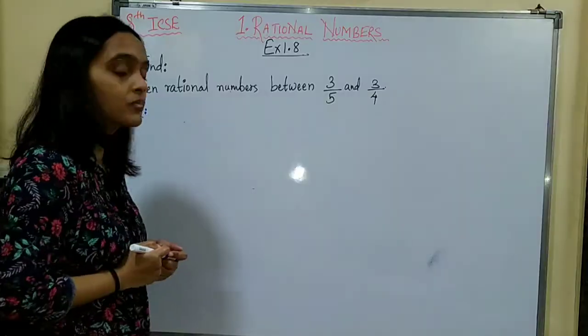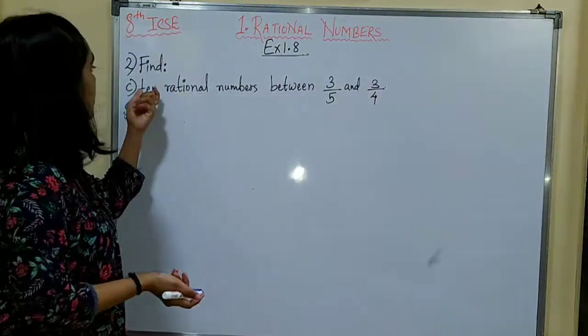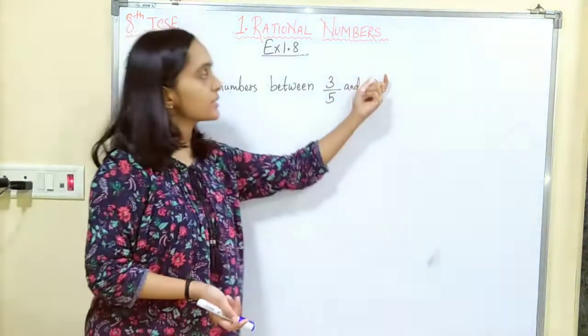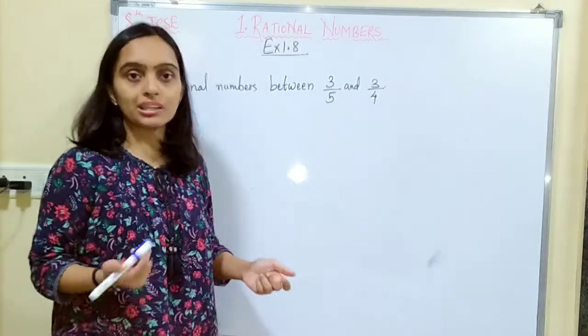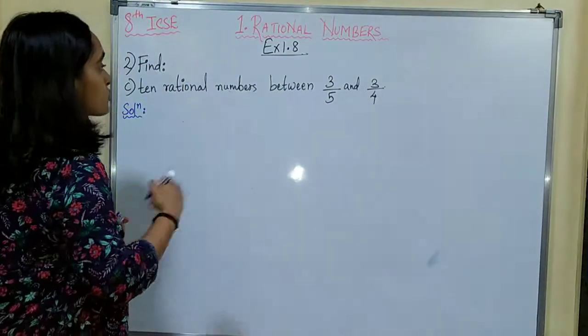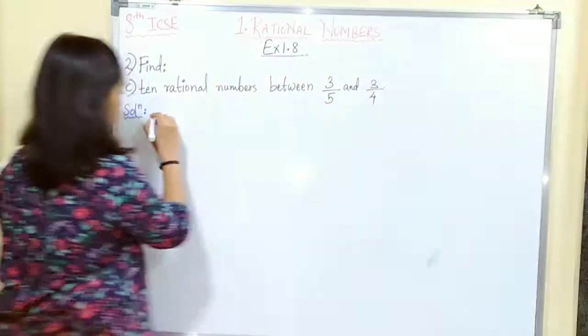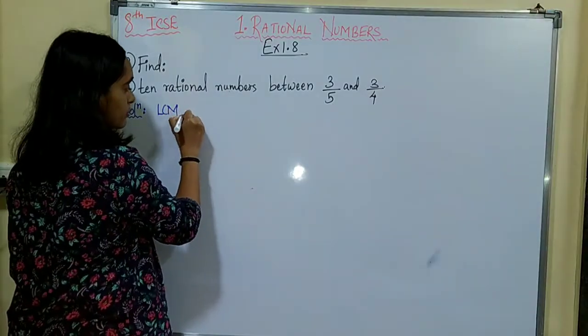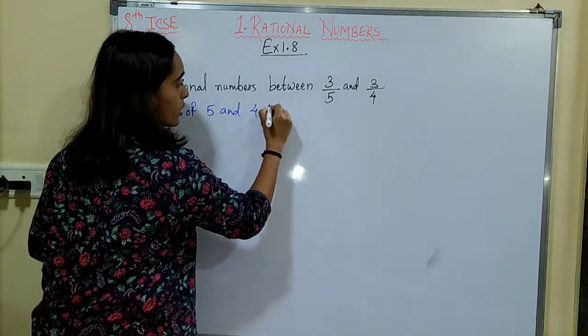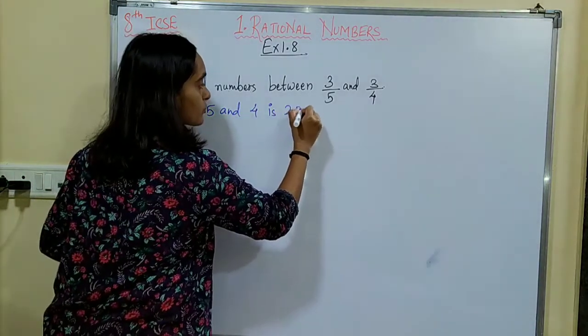That's it. The next question is to find 10 rational numbers between 3 upon 5 and 3 upon 4. Here again you will first take the LCM of the denominators. LCM of 5 and 4 is 20.